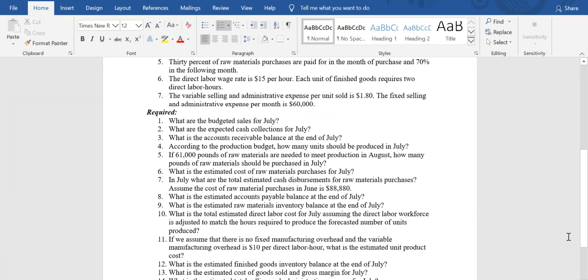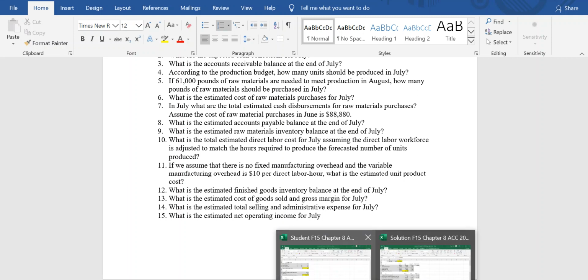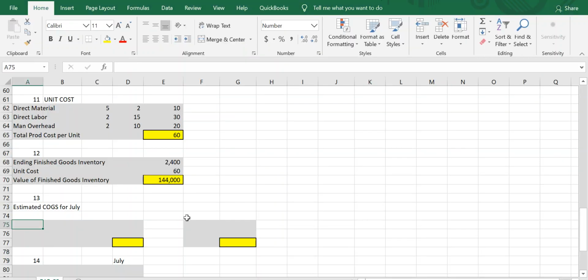Okay, so for number 13 then, the question is, what is the estimated cost of goods sold and gross margin for July? So let's go back to the calculation. We need to estimate cost of goods sold. So we have unit sales, and this is for July. We have 10,000 units.